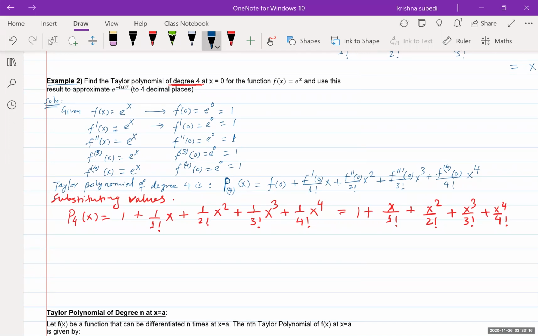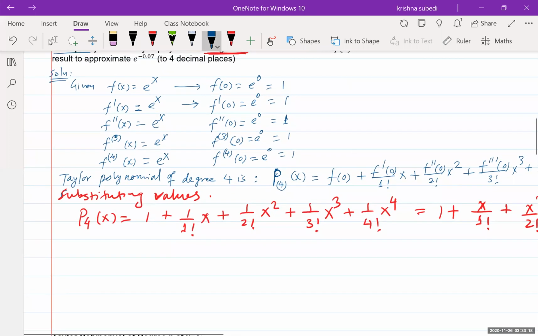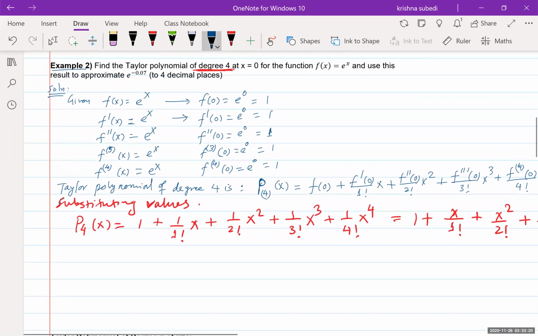What it says is, use this result to approximate e raised to the power negative 0.07. We need to find that approximate value of e to the negative 0.07.